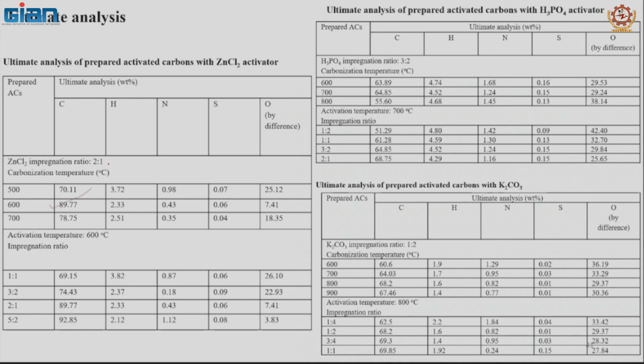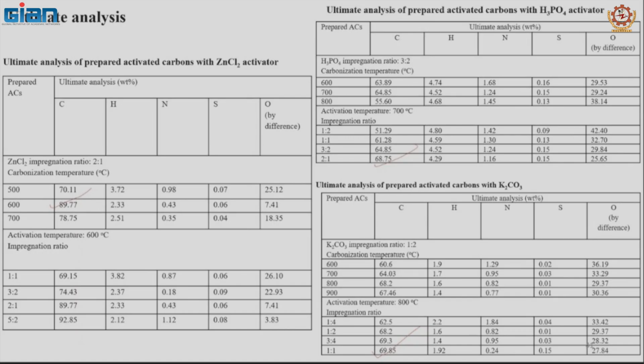In this case, zinc chloride activation up to 89.77. Again, your phosphoric acid activation, your carbon is reaching 68% maximum, whereas in potassium carbonate, carbon is enriched to 69.85%. Up to that it is there. So volatile matters removed, and pores are created on this material. That's why it is activated carbon.